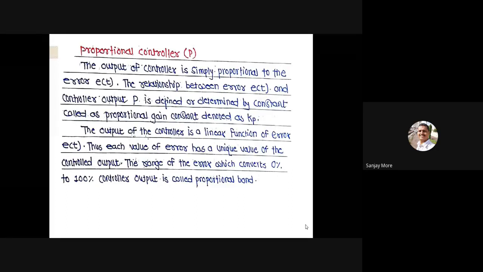The relationship between error E of t and controller output P is defined or determined by a constant called the proportional gain constant, and is denoted as capital K and small p, Kp.